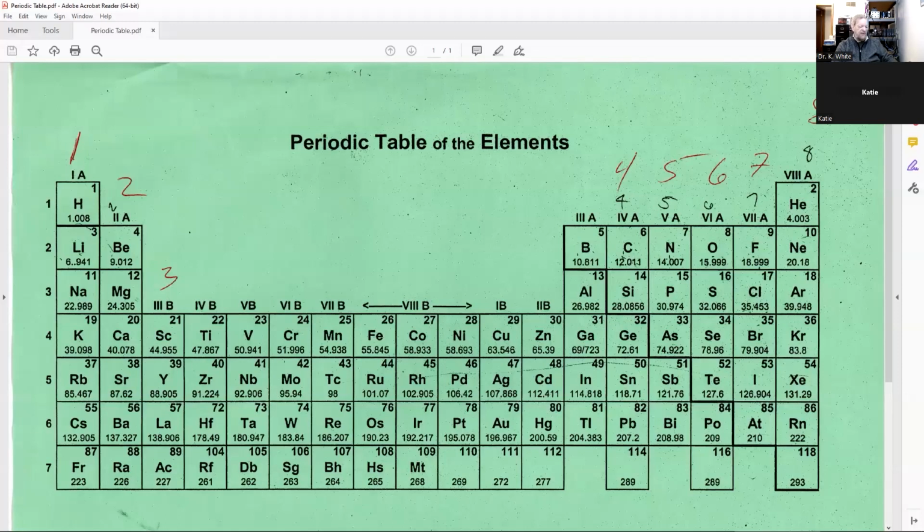And why don't you figure out how many valence electrons neon has? And when you're done, give me a thumbs up or let me know by chat.